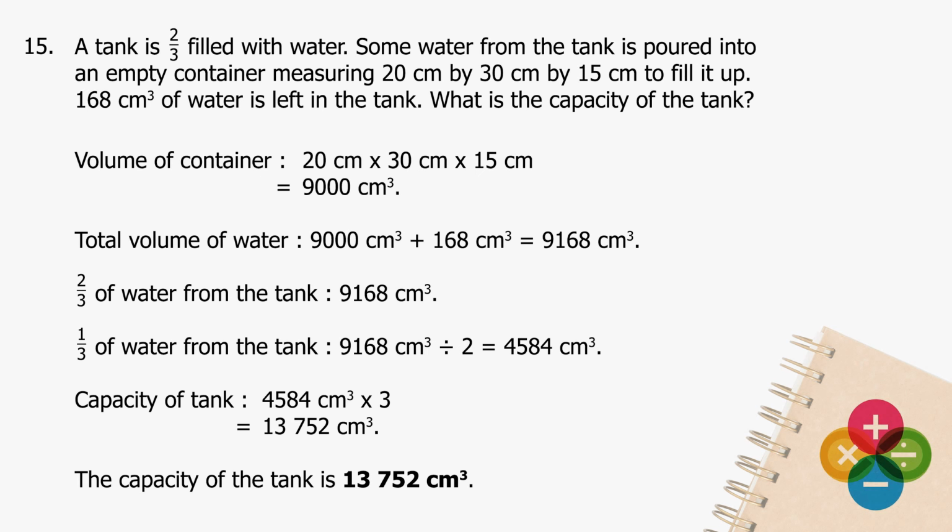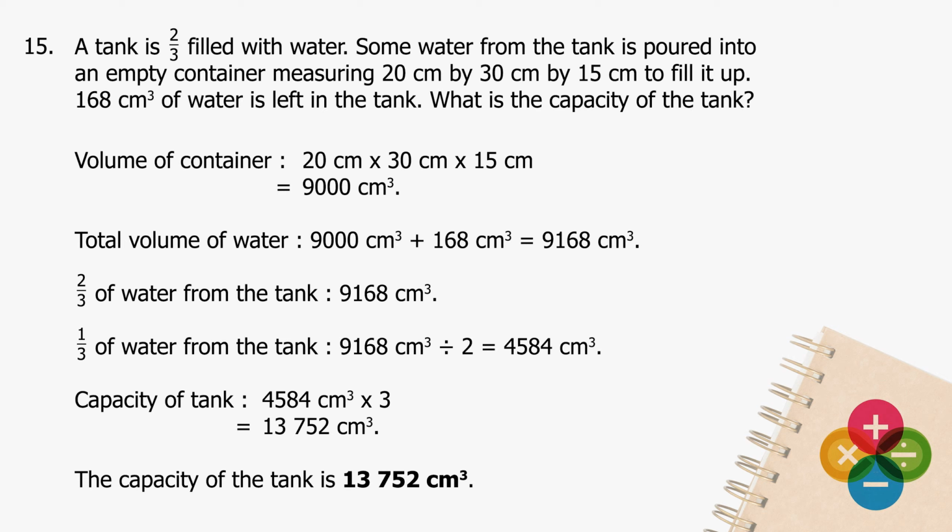The volume of container will be, multiply 20 cm by 30 cm, and by 15 cm, and the product is 9,000 cm³. The total volume of water will be, add 9,000 cm³ to 168 cm³, and the sum is 9,168 cm³. 2/3 of water from the tank will be 9,168 cm³. 1/3 of water from the tank will be, divide 9,168 cm³ by 2, and the quotient is 4,584 cm³.